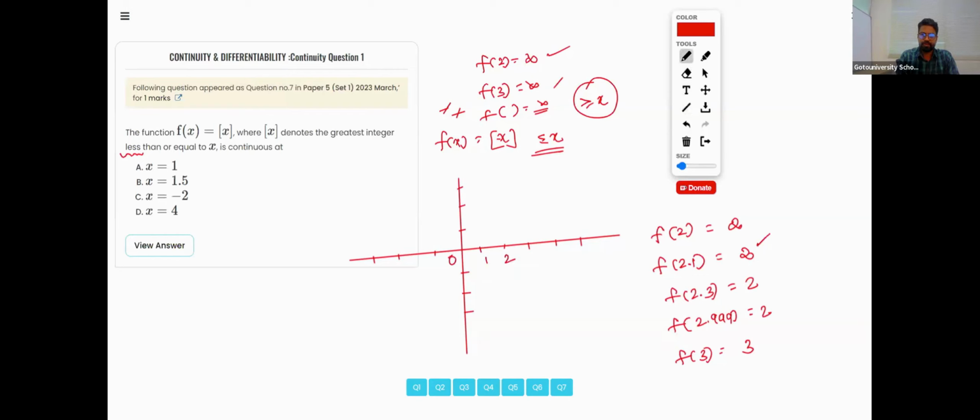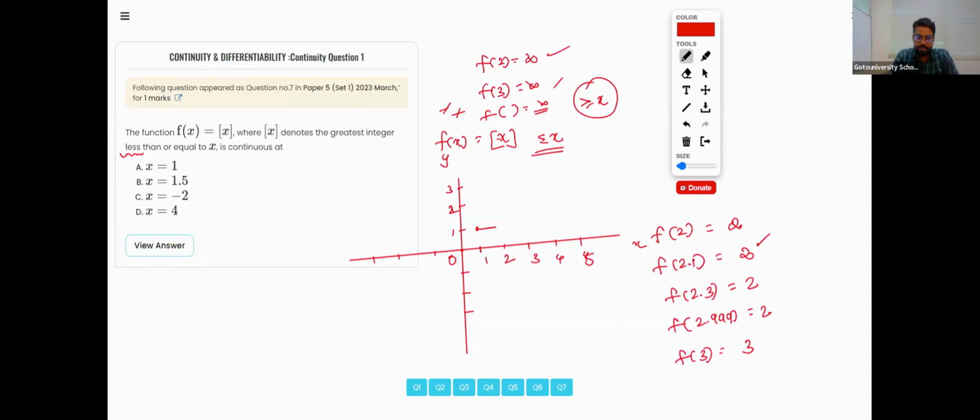This is 1, 2, 3, 4, 5. So this is the x-axis, this is the y-axis. So at 0, what is the value? What is f of 0? 0 itself, right? So what is f of 0.1? 0 itself. So let me talk about 1 now. At 1, the value is 1, right?